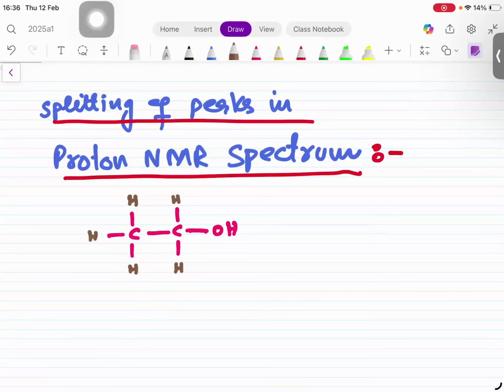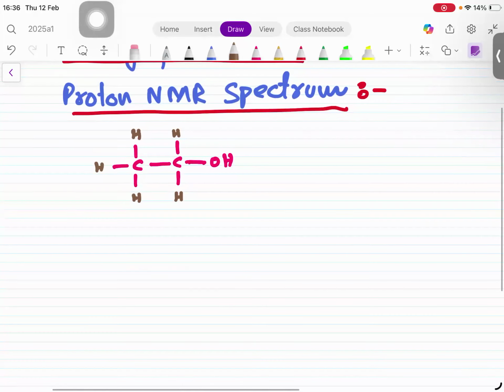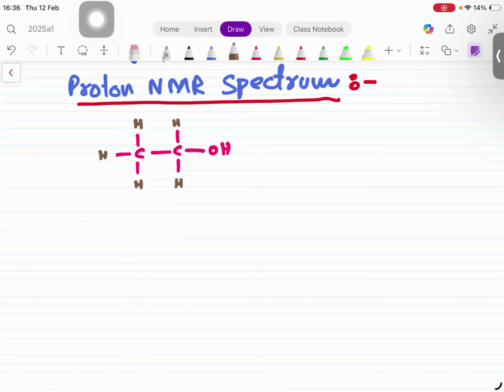Here it is. How many peaks for this arise in the NMR spectrum, and what will be the chemical shift values? Okay, if I draw the spectrum here. So you are saying 3 peaks.